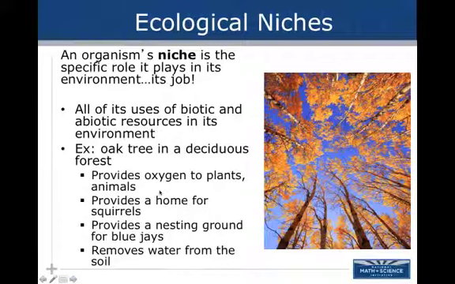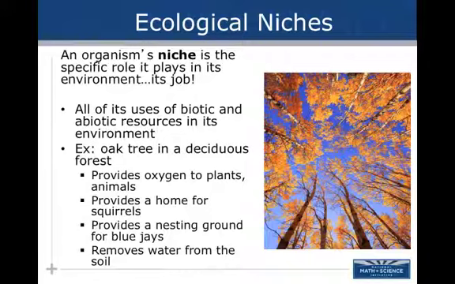So let's look at an organism's ecological niche. We consider that every organism has a specific role in its environment, kind of like its job. And when we talk about ecological niches, we're really talking about the way of life for that species, and the way it uses all of the biotic and abiotic resources in an environment to be a member of that community.